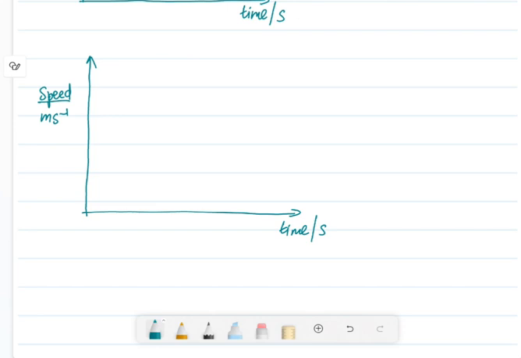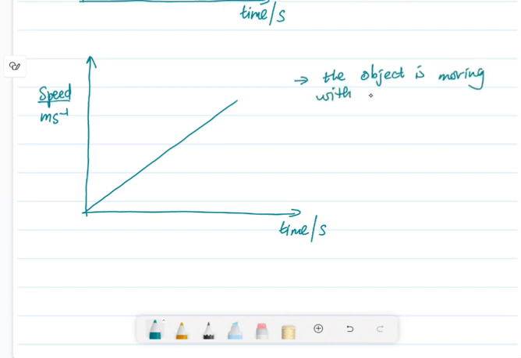Once I have a straight line in this nature, what it means is that this object is actually moving. So you can say the object is moving with a constant acceleration.